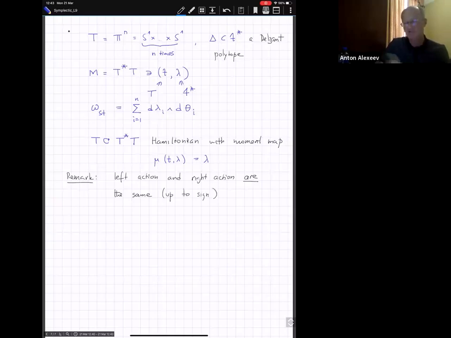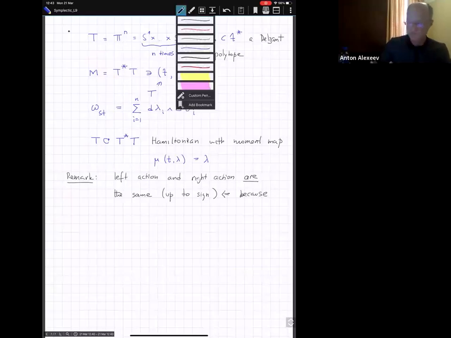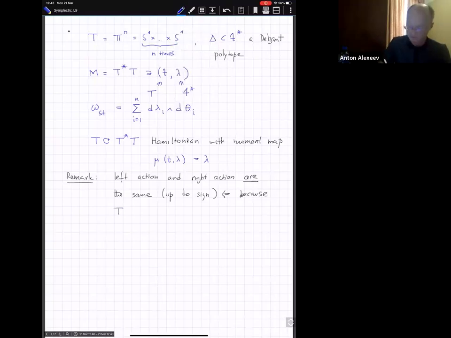I think last time we defined it in such a way that they act in the opposite direction and the moment maps would be opposite to each other, but basically they are the same. That's indeed because the group T is abelian.